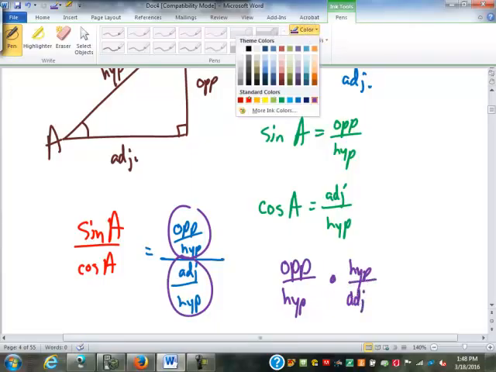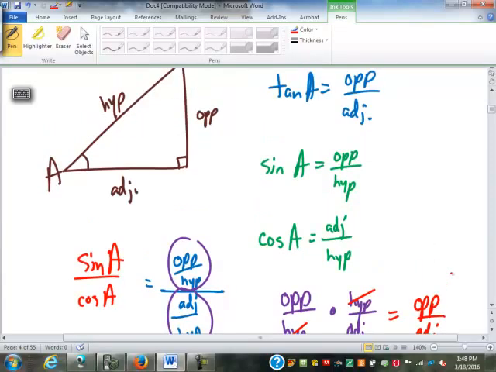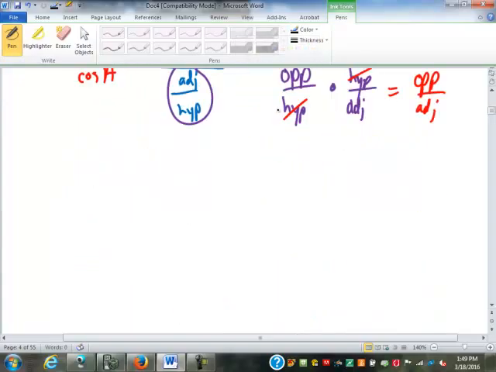And then I'll multiply. Hypotenuse divides out, and I'm left with opposite over adjacent, which is the definition of tangent. So the tangent of angle A is the same as the sine of angle A divided by the cosine of angle A.